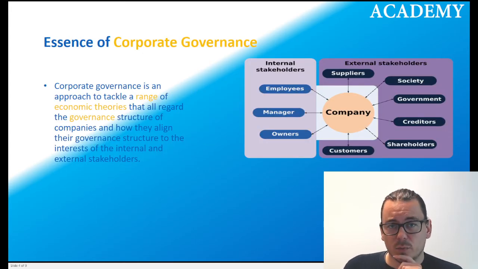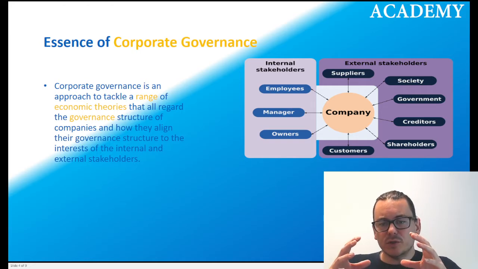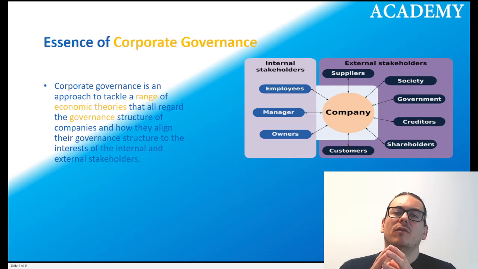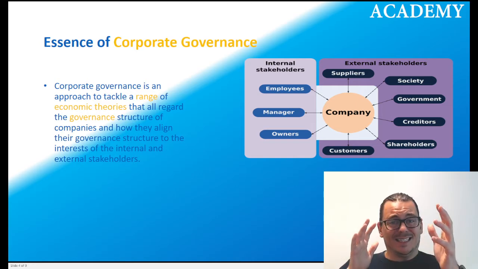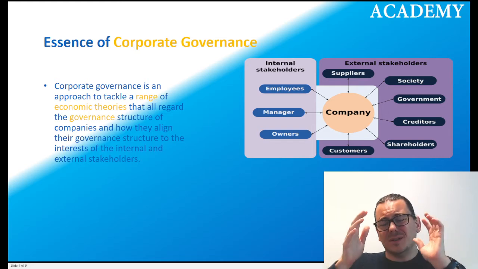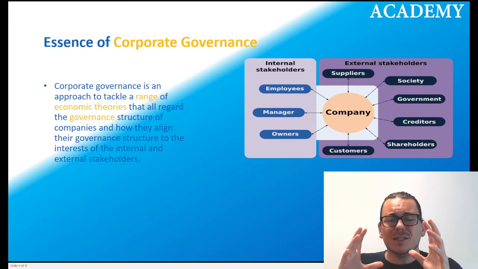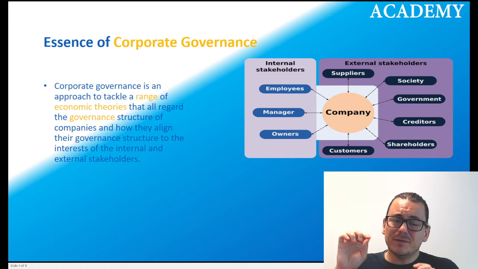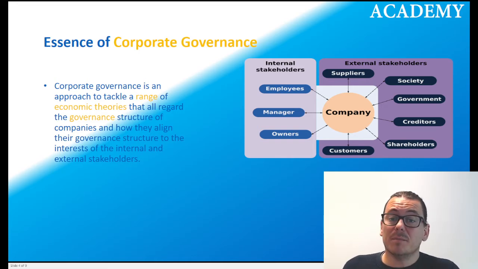The essence of corporate governance, what is that? So corporate governance is an approach to tackle a range of problems and costs that may apply to a company due to different interests considering different stakeholders. It might be internal stakeholders or external stakeholders.